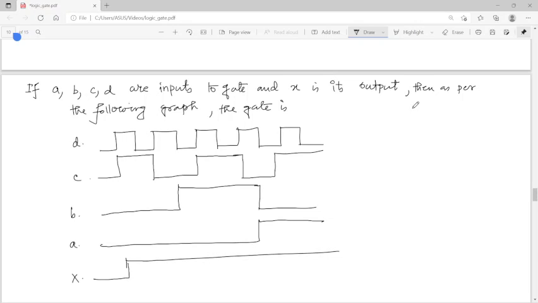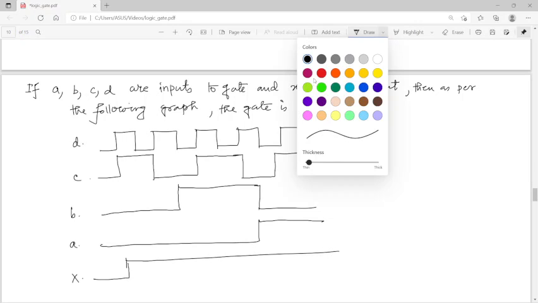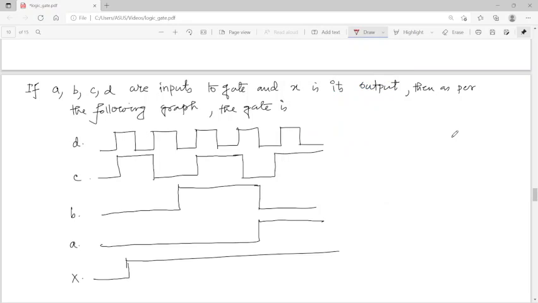So you just see how you can identify the output. You have to identify the output.